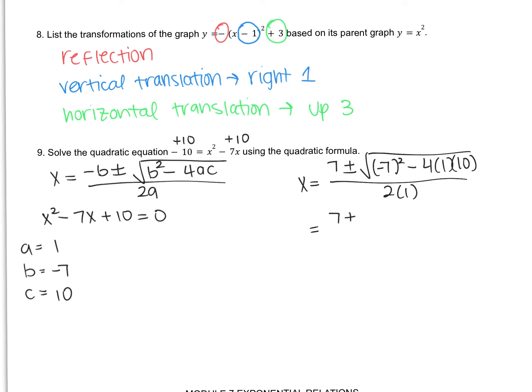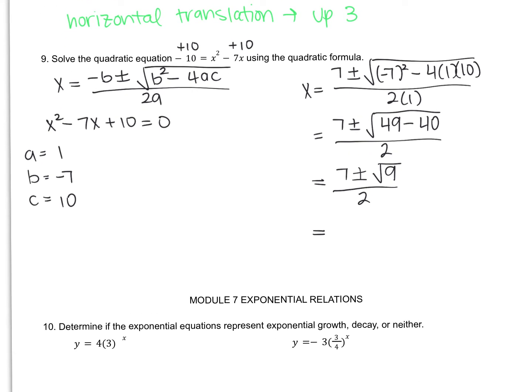So 7 plus or minus, and when I square negative 7, I get positive 49. Then negative 4 times 1 times 10 gives us minus 40, all over 2. Then 49 minus 40 is 9, so 7 plus or minus 9 all over 2. Then I can take the square root of 9, so we get 7 plus or minus 3 all over 2.